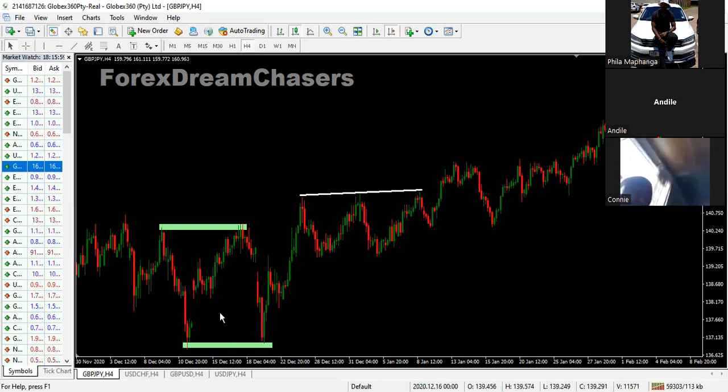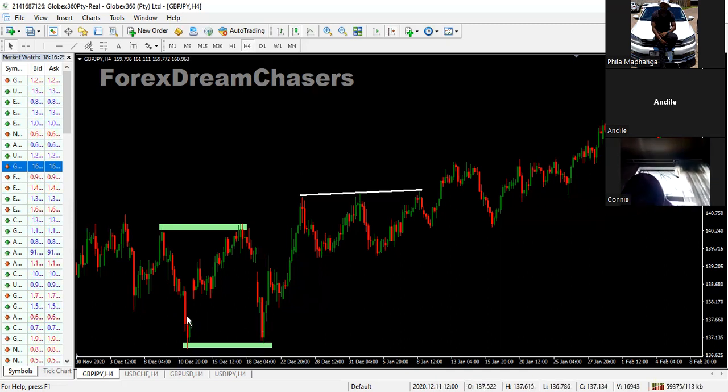So now, how to trade gaps? I'm not sure if you understood the uses of gaps or the formation of gaps. Yeah, it's clear. Okay. So now, let's say you want to trade gaps. What is it that you have to do? You have to wait for the price to get to where the price gapped.